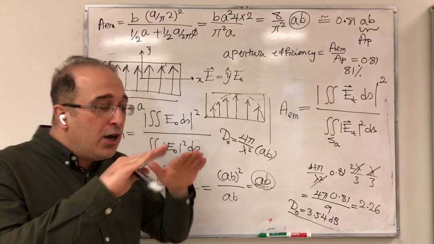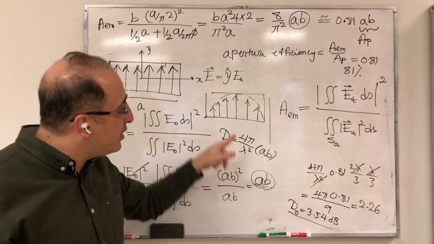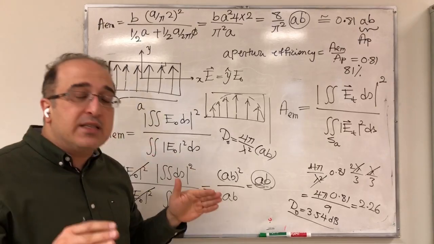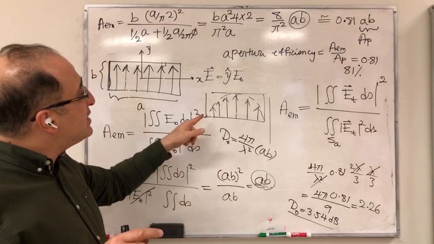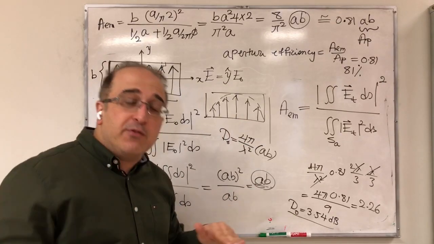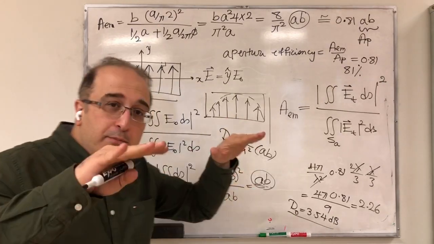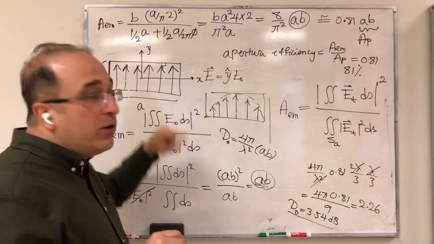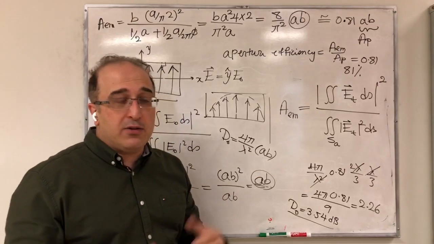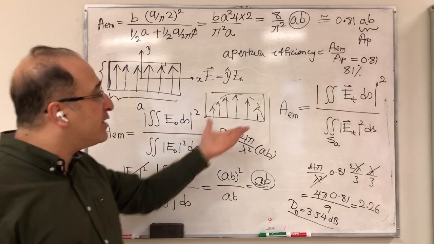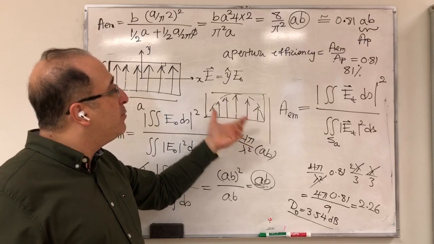Sometimes in antenna, you want to give a little bit of taper like that to the field distribution. And the reason for giving this taper is to bring down the side lobes at the expense of directivity. So with this, you can bring down the side lobe level, but with this, the goal is to maximize the directivity. So that would be one example that one person might actually prefer this structure.